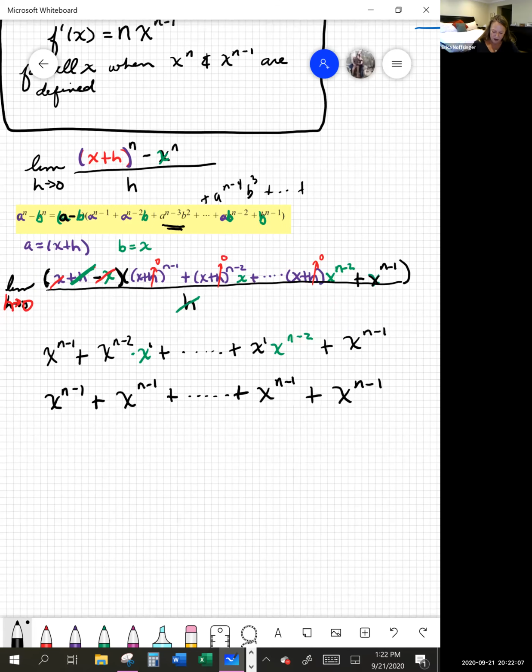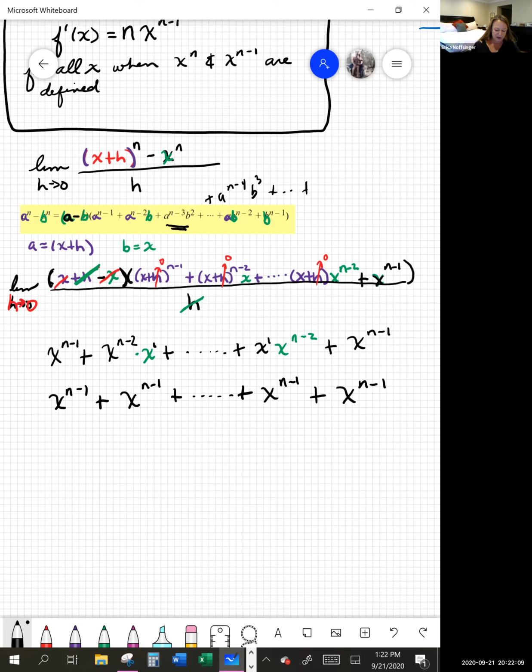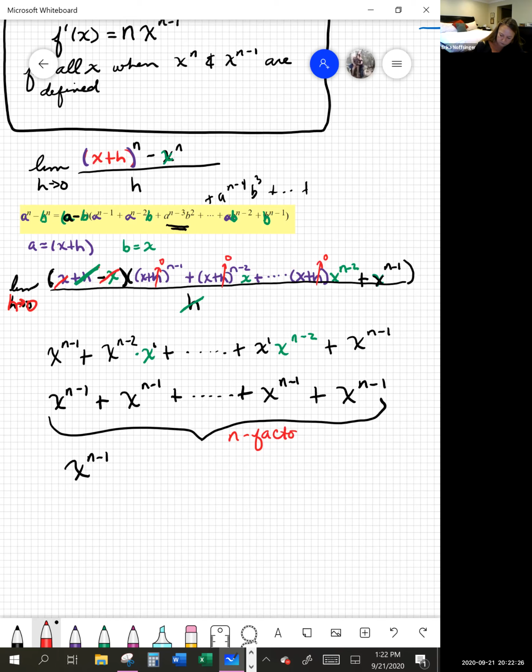So right here, notice that we can factor out x to the n minus 1 from each one of these terms. If we pull out x to the n minus 1, there are n factors. This is all times n. So another way to write this is f prime of x, the derivative, is equal to n x raised to the n minus 1.